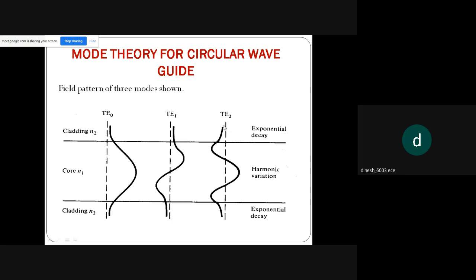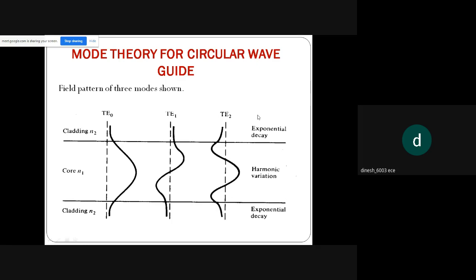So this is your reference axis. The optical signal which is propagating along the core, along the cladding will be like this, and at the core it starts and it goes to the reference. You can see that it crosses the reference axis the first time, then it creates an electric field pattern, then again it crosses, again it comes back to the cladding as it is.